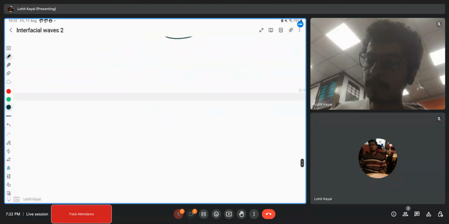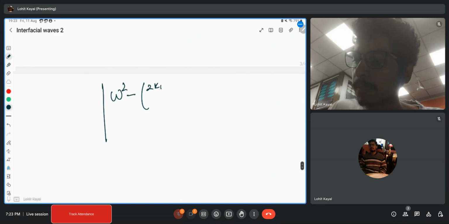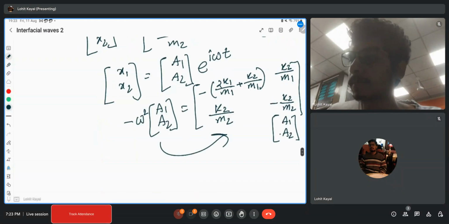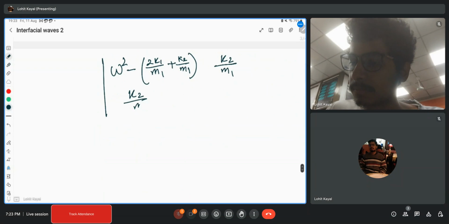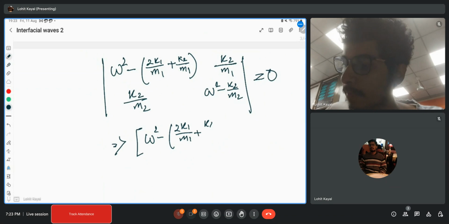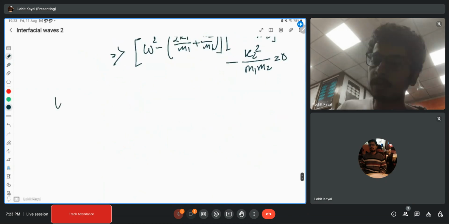So it will be omega square minus... equals zero. Suppose your omega square equals alpha.